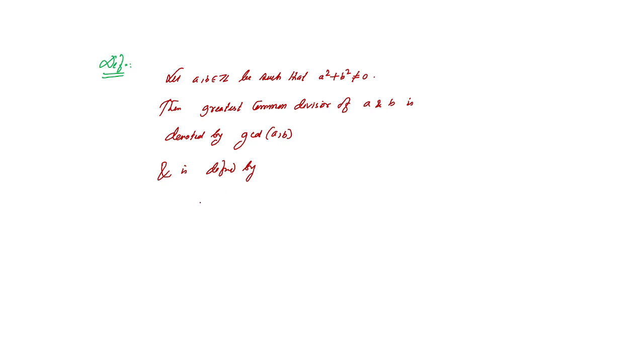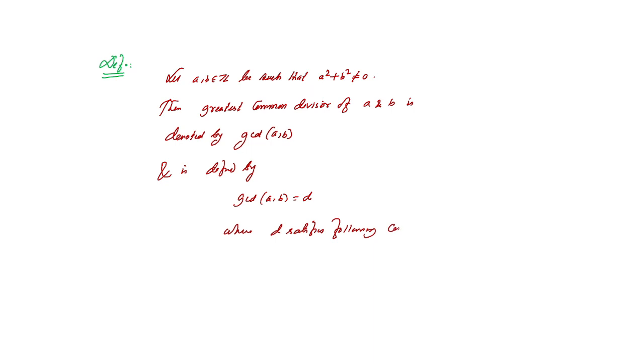Then we can define GCD of A, B. Then the greatest common divisor of A and B is denoted by GCD(A, B) and is defined by GCD(A, B) equals some D, where D satisfies the following conditions.